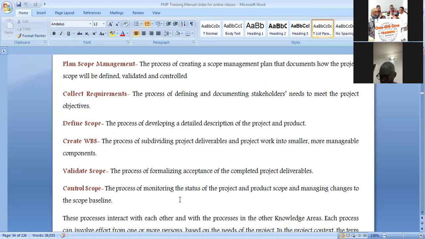It is for we, the project team, to come together to start subdividing the project deliverables and the project work into smaller and more manageable components. That's the create work breakdown structure.